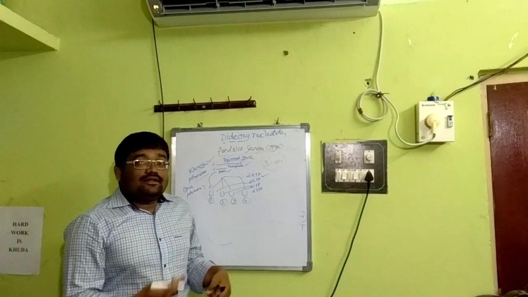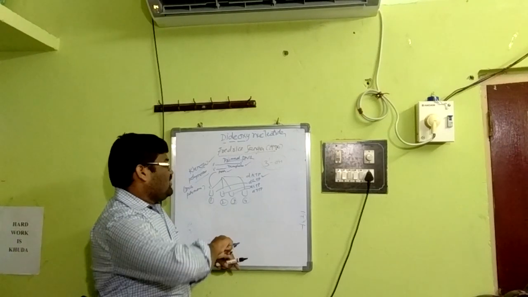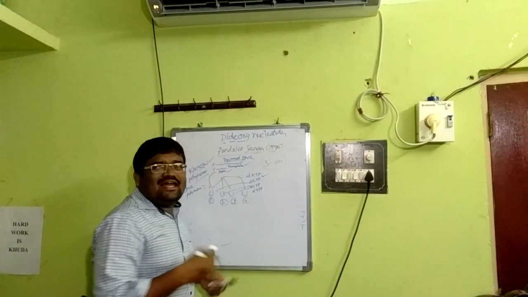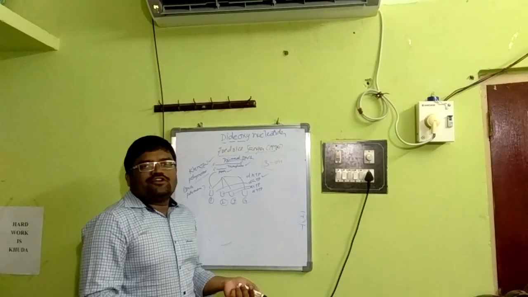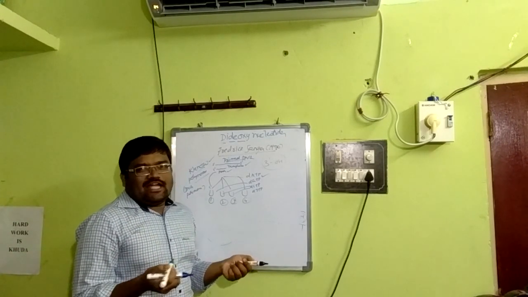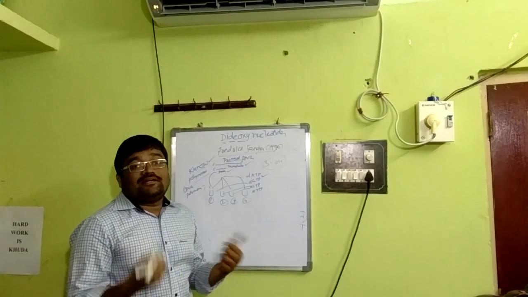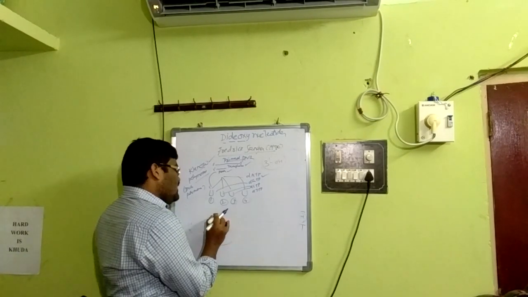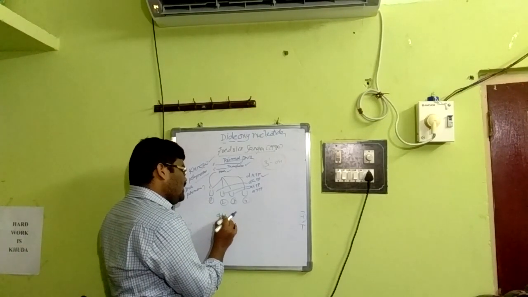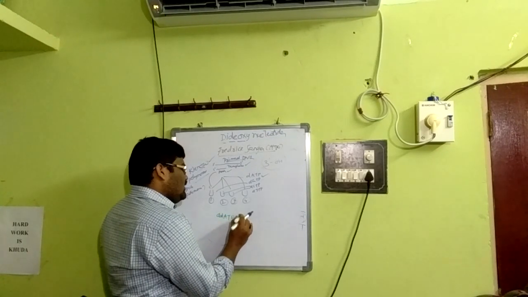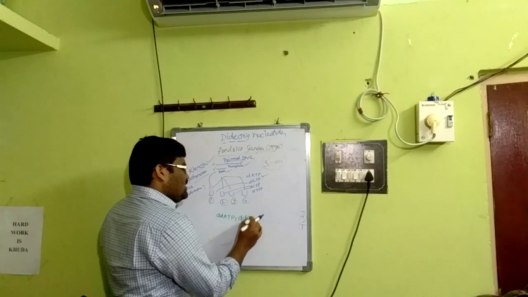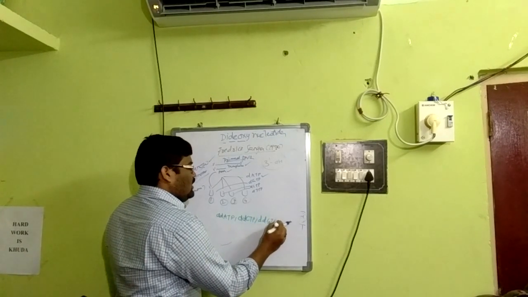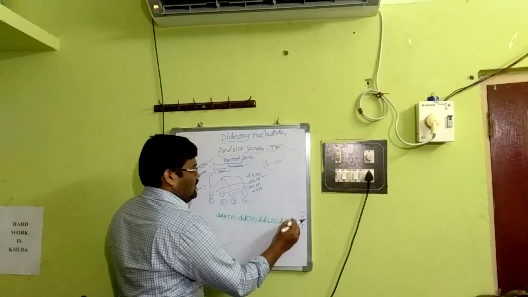Then we have to add specific, specialized nucleotides, because they are chemically prepared. Dideoxynucleotides are not naturally present. They are synthetic nucleotides: dideoxy ATP, dideoxy CTP, dideoxy GTP, and dideoxy TTP.